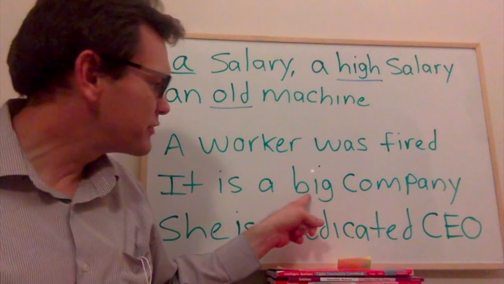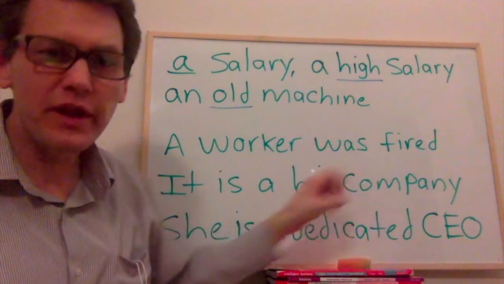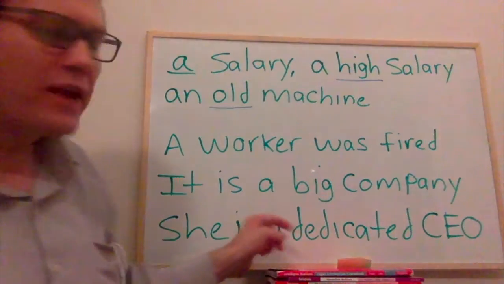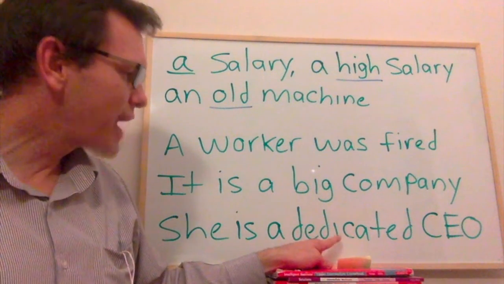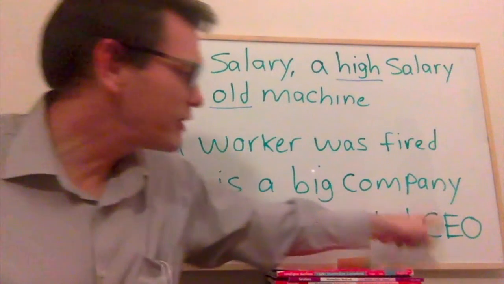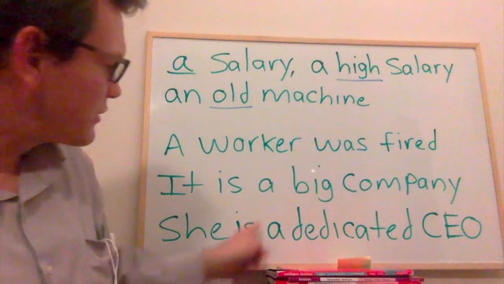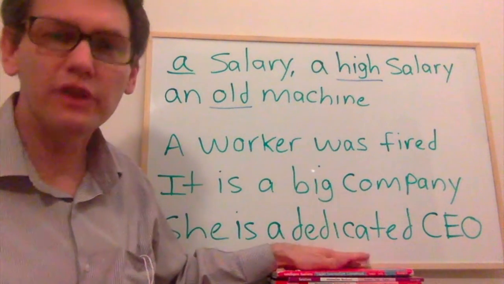Using these adjectives here make the sentence a lot stronger, especially the noun. The last sentence here, she is a dedicated CEO. Dedicated is the adjective that modifies CEO. So if we take out dedicated, it says she is a CEO. But by using the adjective here, it makes it a lot stronger.